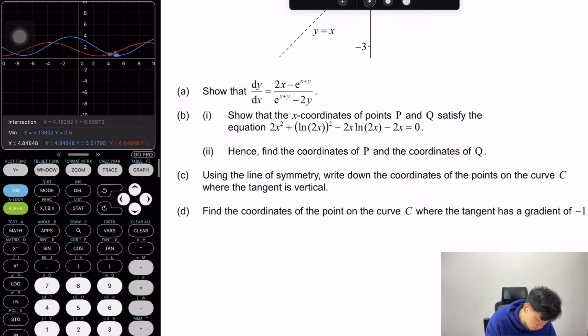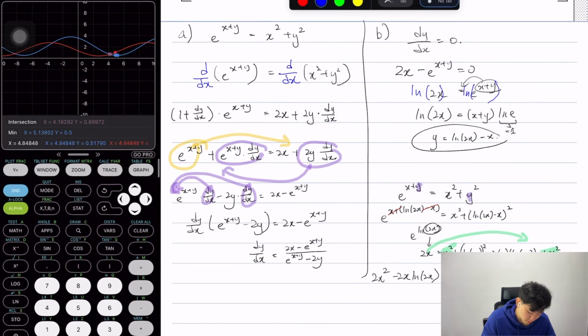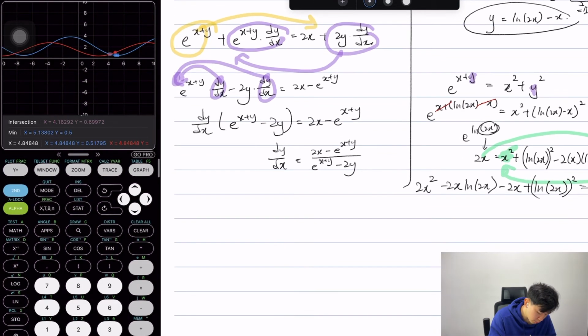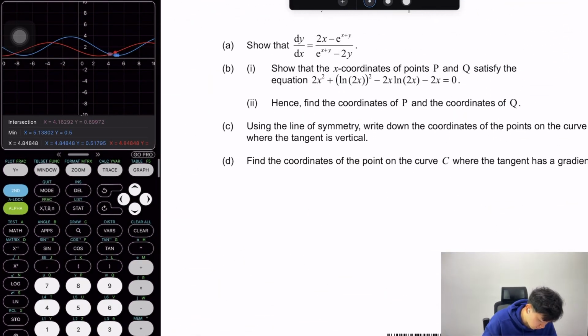See if that fits our solution. Yeah, it should be exactly the same, minus 0. Except the order is a little different, but it doesn't matter. That's part B1.